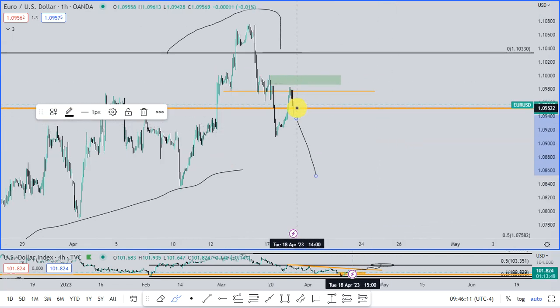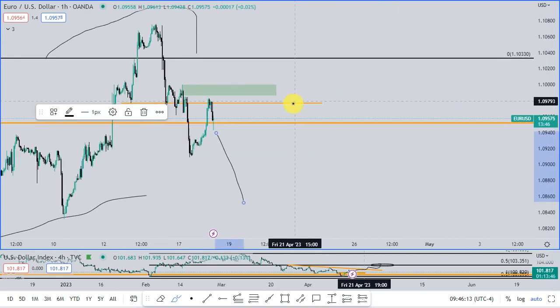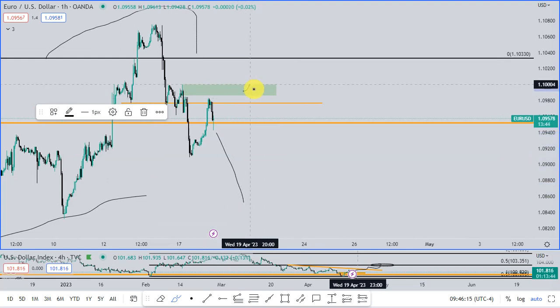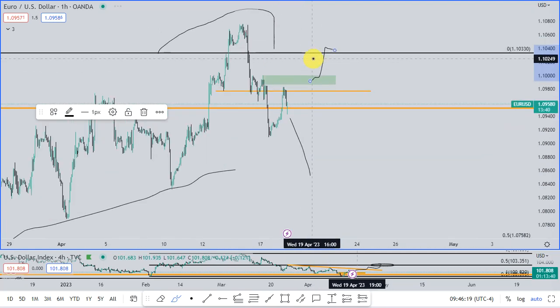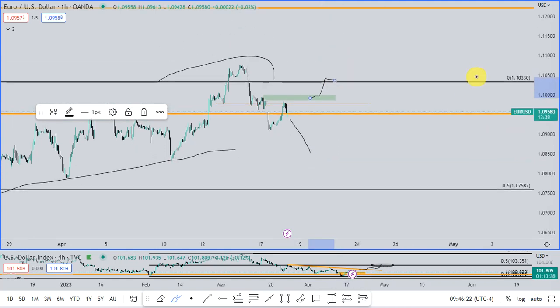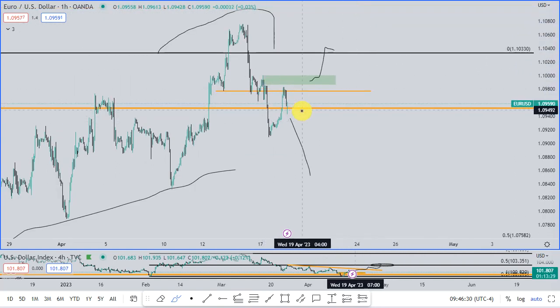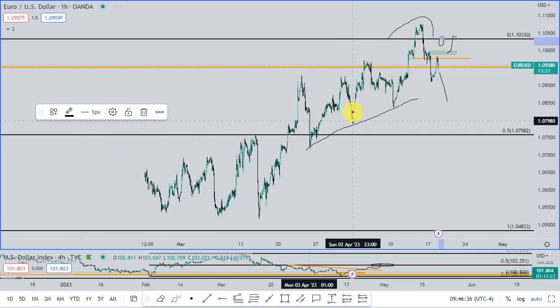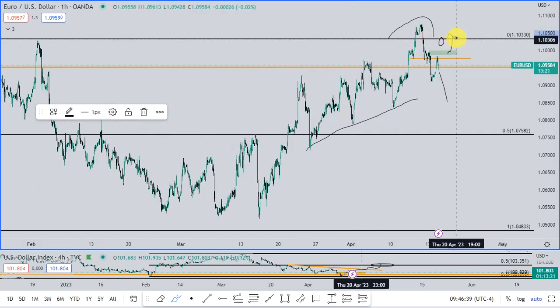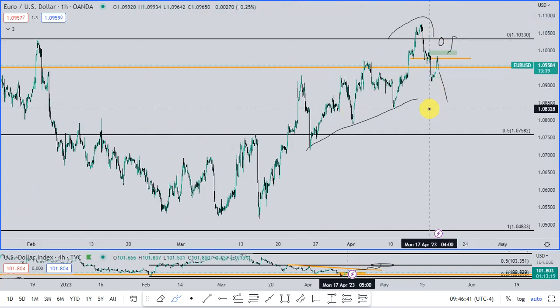But if it comes higher and flips this level as a support and goes higher, and flips this range high also as a support area, then it will be bullish and it will go higher to that level on the monthly and weekly time frame. So currently it is bearish and we will need to see how it will react to this range high. If it goes above this, then it will go higher.